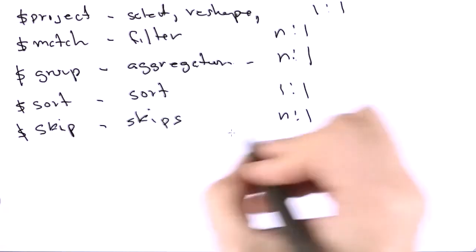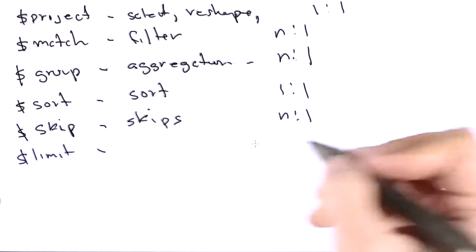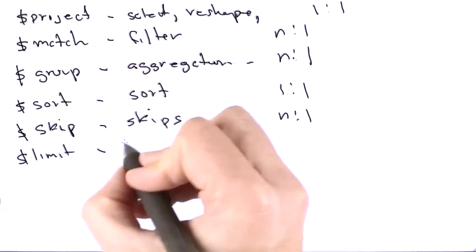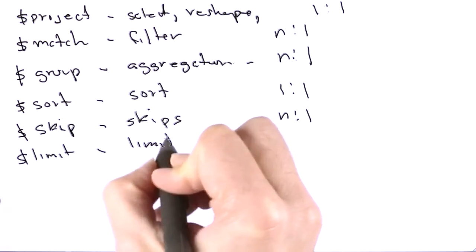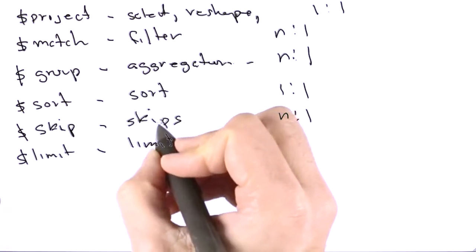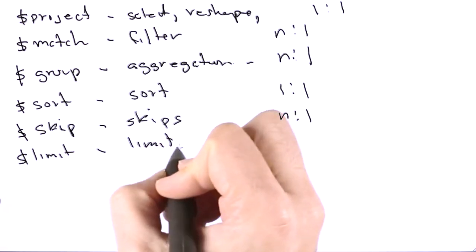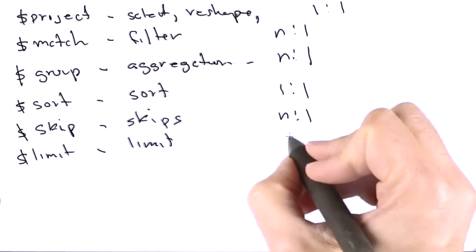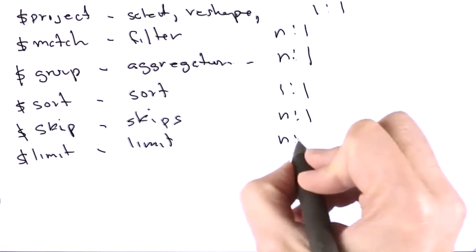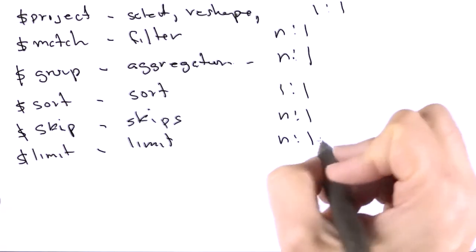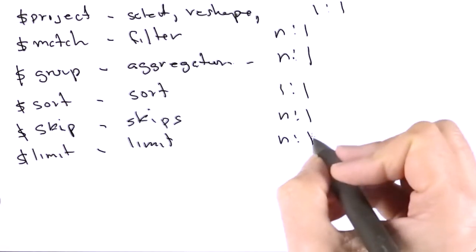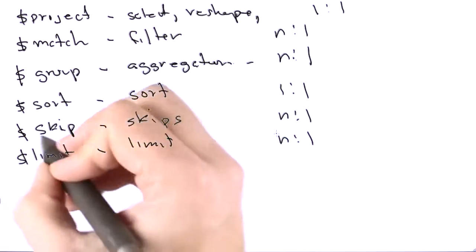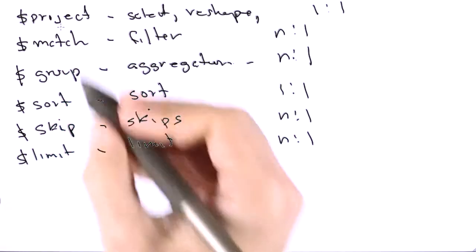You're going to produce a subset of the documents. There's a limit stage, and that limit stage is going to limit the number of documents produced. Again, it's used usually with skip. You might skip forward 10 and then limit yourself to showing 3 documents. And that's also going to usually limit the number of documents that come through the pipeline in some way.